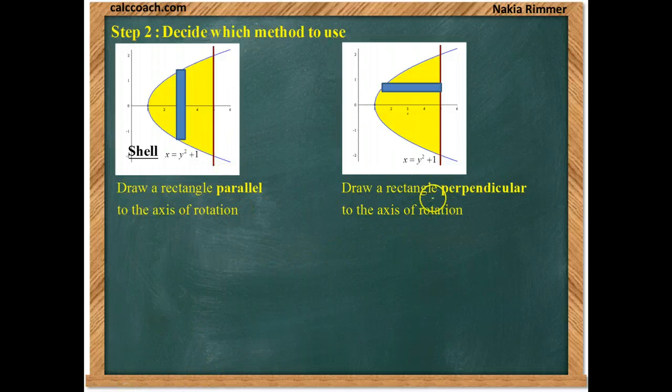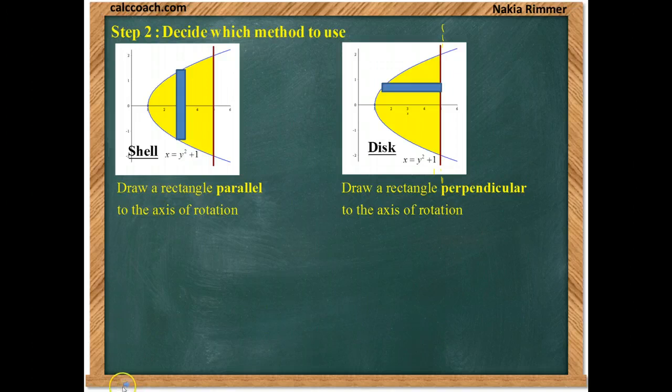When your rectangle is perpendicular, then that's either disc or washer, based on whether or not you're going to have a gap between your region and your axis of rotation. We're rotating about this line, x equals 5, and so the region is flush up against that axis, so that means it's going to be a disc method.